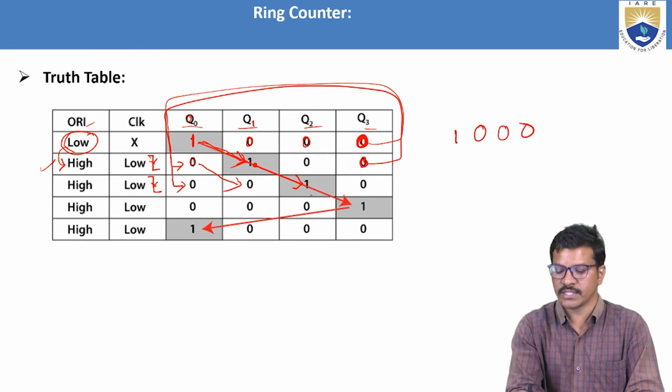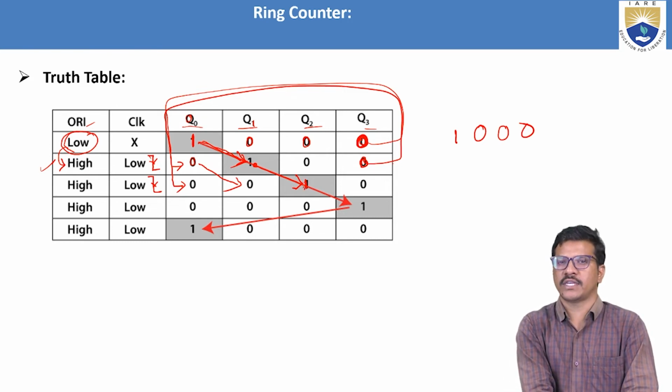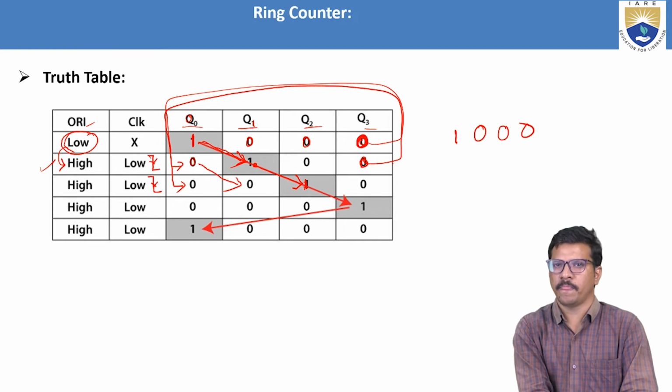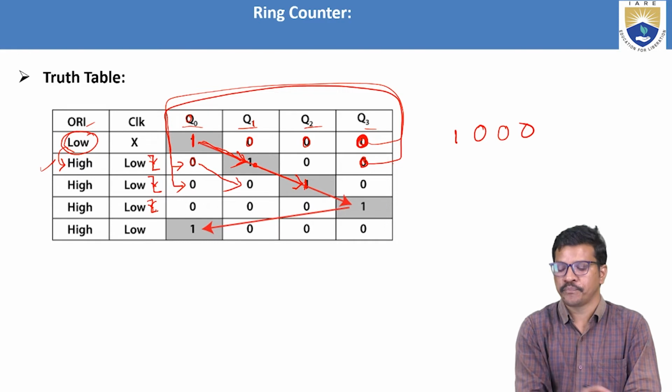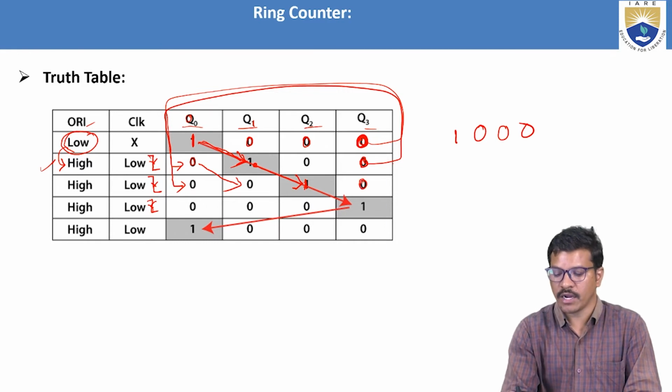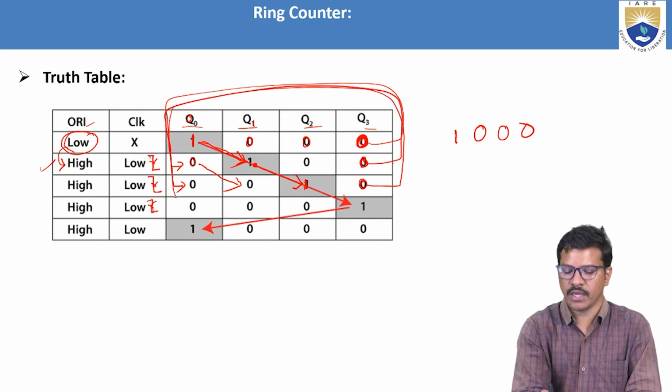So the 1 is moved to the third flip-flop output now. Again I am applying the clock. What is the output now here? Here it is 0. This output is connected back to the input.